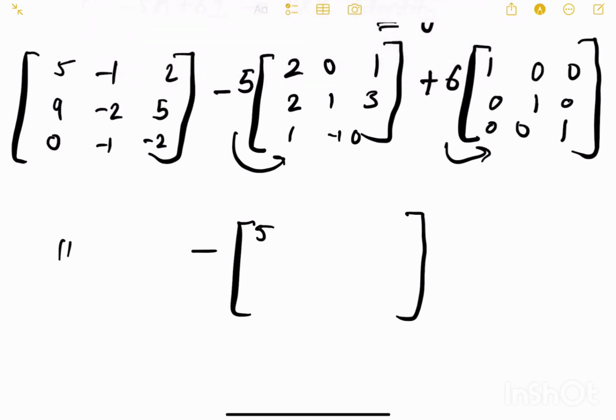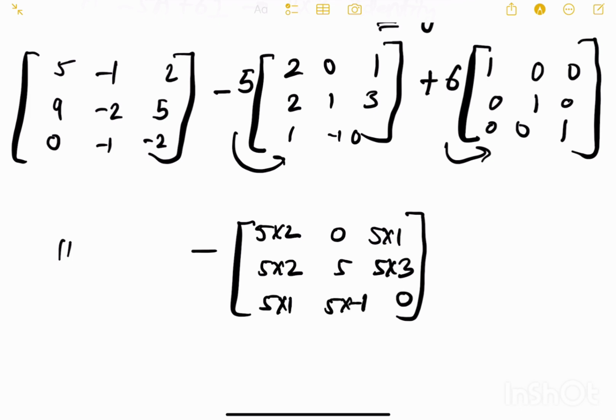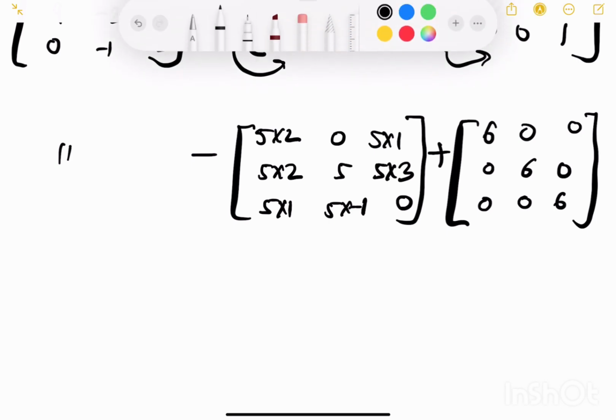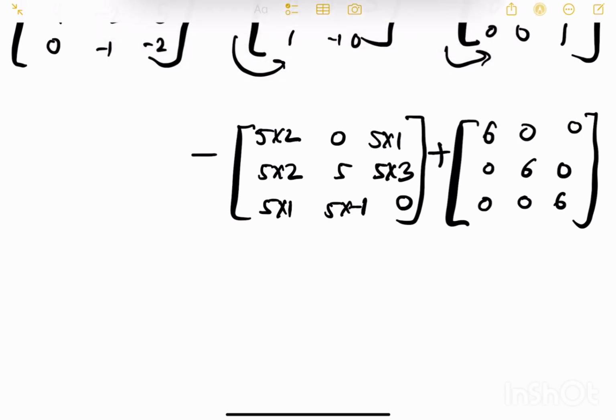So 5 into 2, this is 0, 5 into 1, 5 into 2, this is 5, 5 into 3, 5 into 1, 5 into minus 1, this is 0. I will take this inside. So this is my matrix. And what is my this matrix? This was my A square.